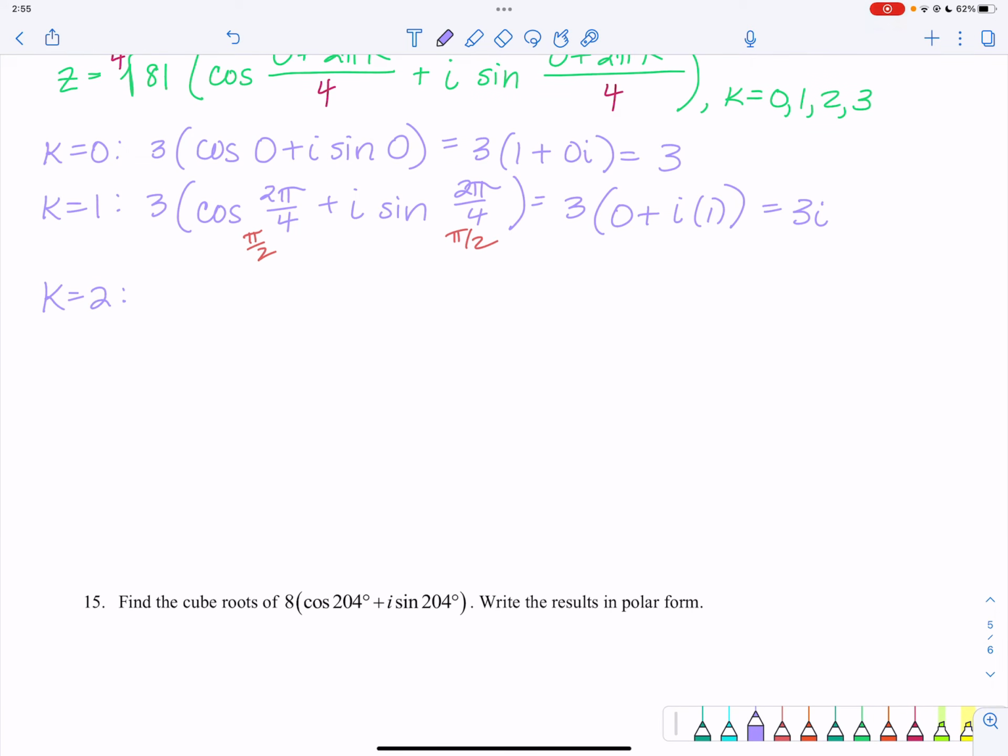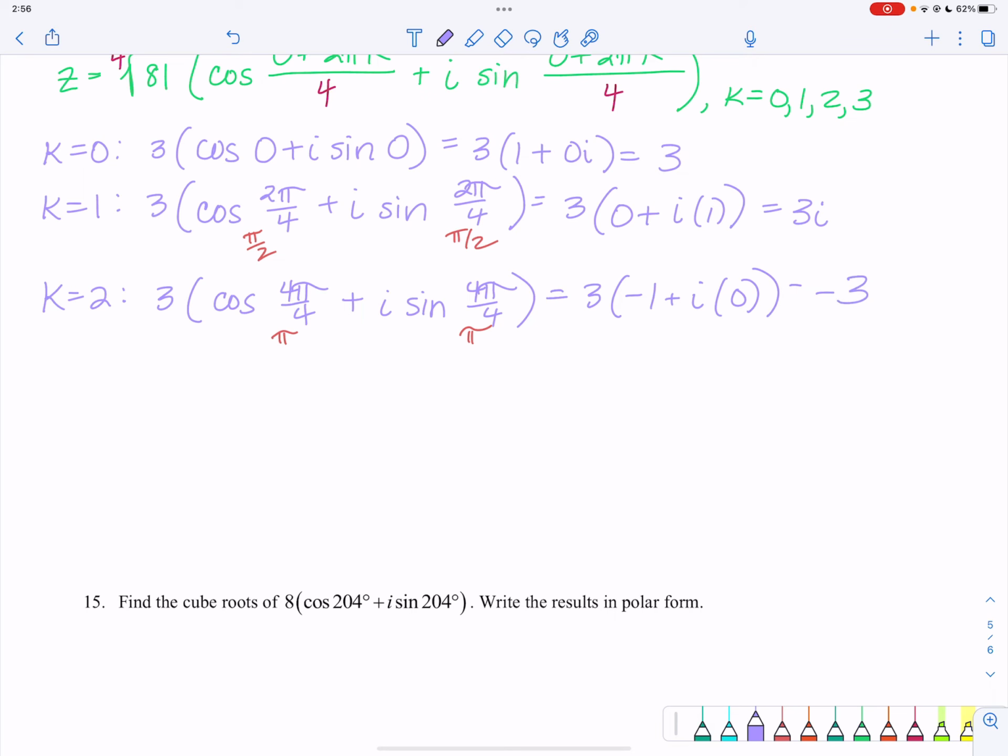So we have 3 times the cosine of 4 pi over 4, and again, that's just pi. I sine 4 pi over 4. And we have 3 times negative 1 plus I times 0, and we have negative 3.